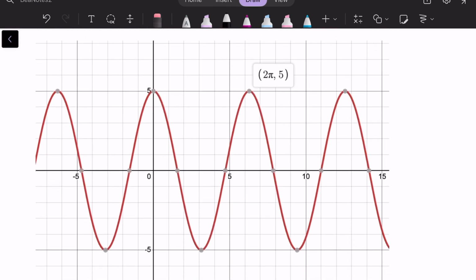The last feature is the period, which is the length between 2 peaks, or it's also known as one wavelength, like this. In this case, the period is 2 pi, as you can see from the coordinates here, and that's the same length as a wavelength.